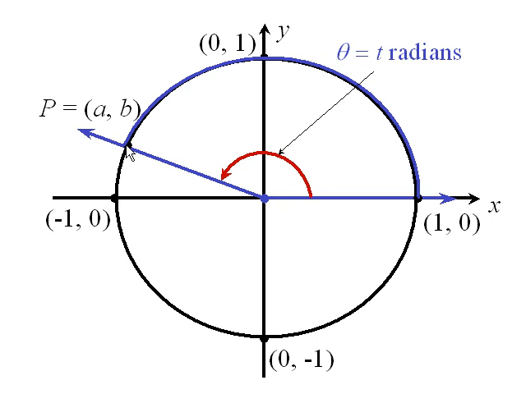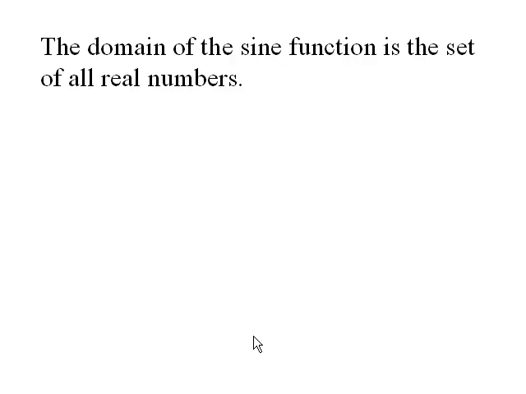Since it's always on the unit circle, the value of the coordinates of the point (a, b) is bound. It can't ever get bigger than 1. It can't ever get less than -1 on the x-axis. It can't ever get bigger than 1 or smaller than -1 on the y-axis. So let's see what that says about values of the trig functions.